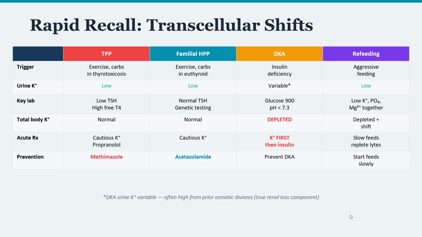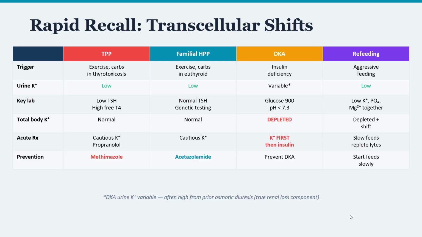Second, total body potassium is normal in thyrotoxic periodic paralysis and familial hypokalemic periodic paralysis. That's why cautious repletion is the key to avoid rebound hyperkalemia. In DKA and refeeding, there is actual depletion on top of the shift, so you do need to replete, but intelligently.